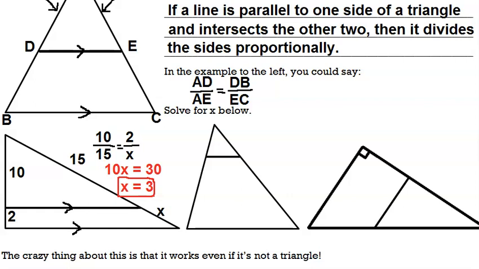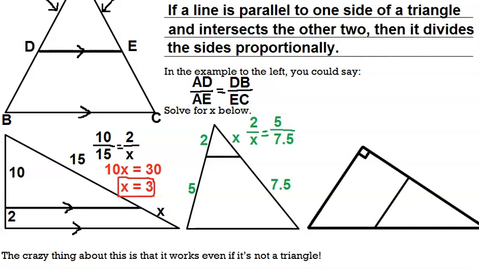Let's try another one here, and we'll put like a 2 over here. We'll make that 5. We'll throw in a decimal just to scare people. Not that it's really going to be scary, but whatever. And we're going to put X right there. So the same method that we just talked about, 2 over X equals 5 over 7.5.